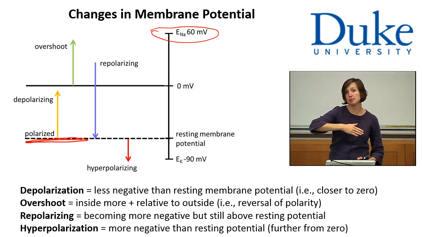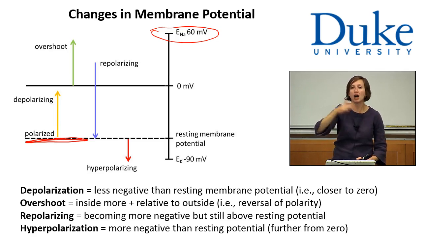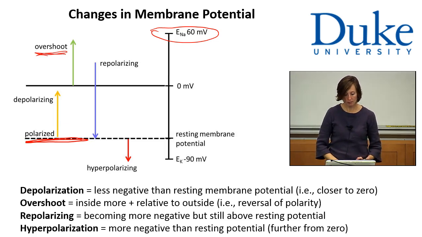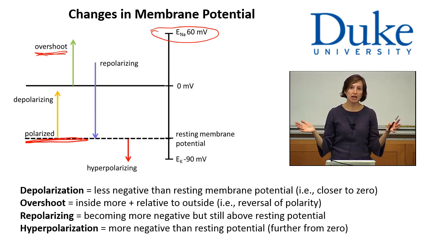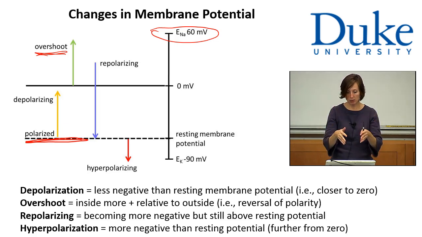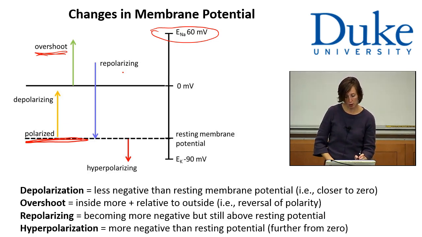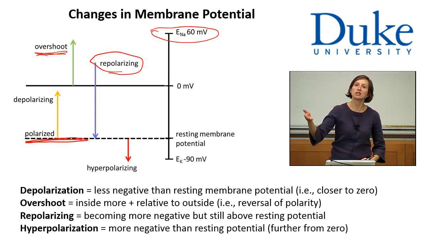If it keeps going in that direction and then the membrane potential becomes positive, then you can call that an overshoot. If then we close the sodium channels and then open potassium channels, which means that the membrane potential is going to head towards the equilibrium potential for potassium, then the membrane potential will head towards zero and then become more negative, and that is called repolarizing, because now the cell is becoming polarized again.